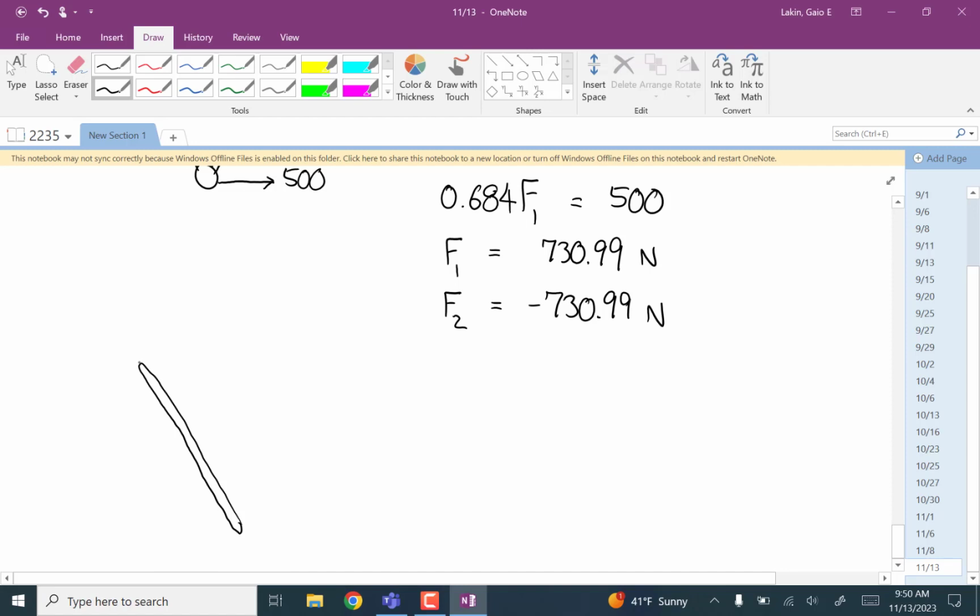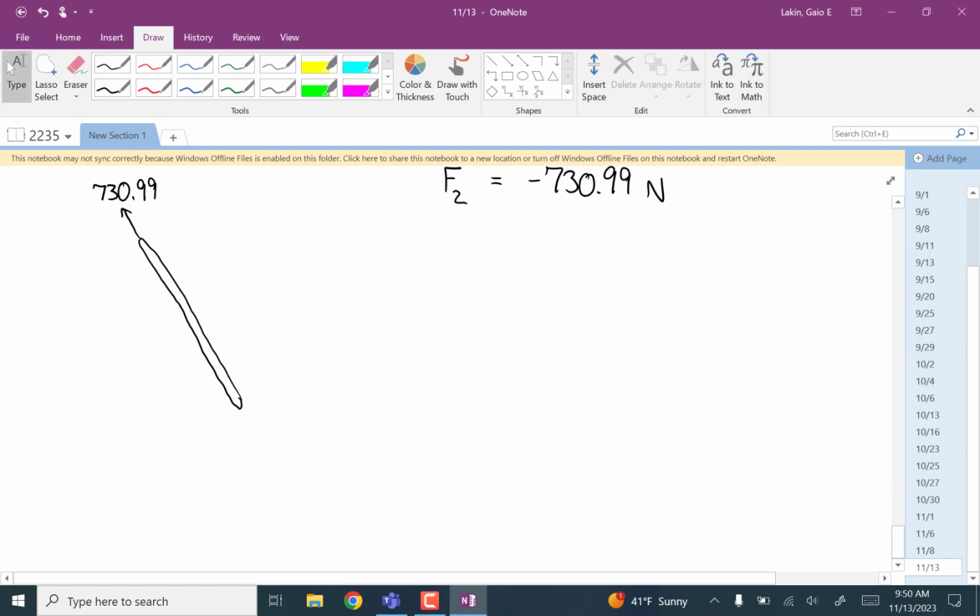So F1 has a force going that way of 730.99 and a force going that way of 730.99. So that one's in tension. Body 2 is in compression with forces of these same magnitudes.